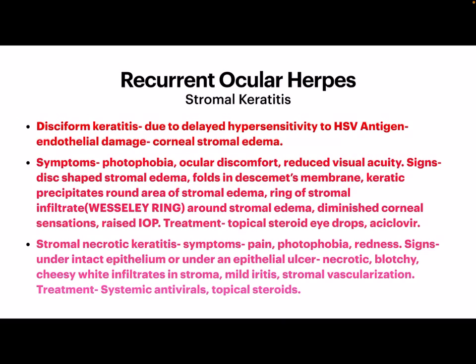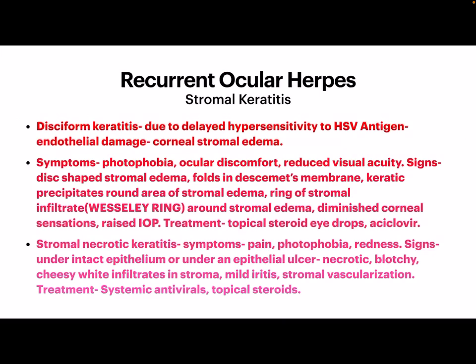And same like epithelial keratitis, there is decreased corneal sensation, and then there is raised intraocular pressure. Now this can be treated with topical steroid eye drops. So it's okay to give steroids over here, but you should never give steroids in epithelial keratitis. Here you can give topical steroid eye drops, and acyclovir is also given.